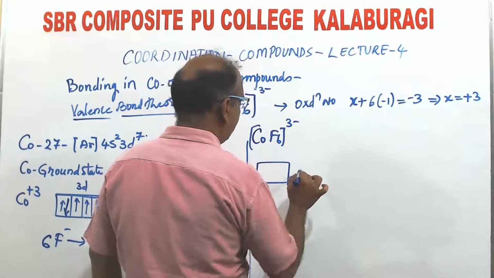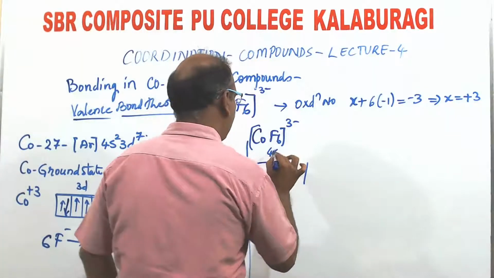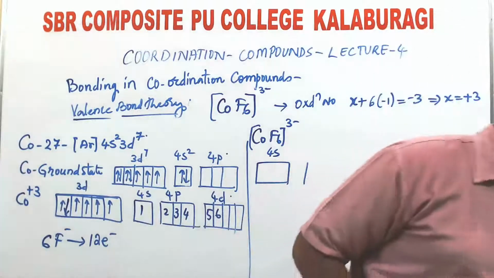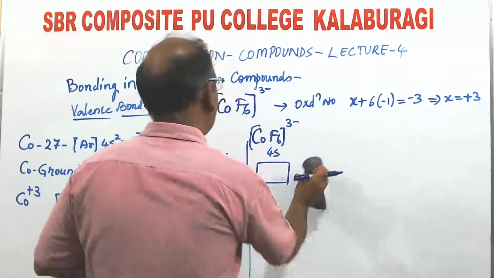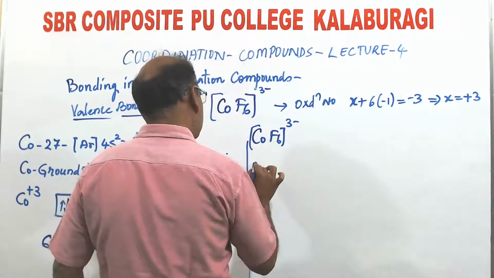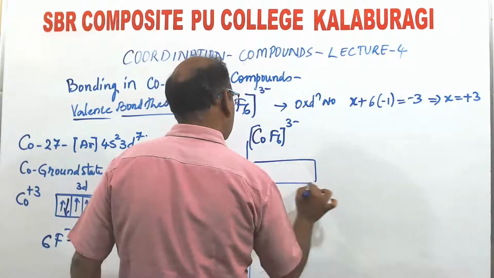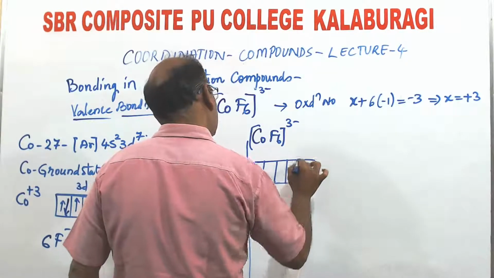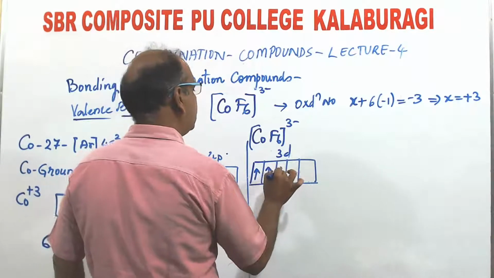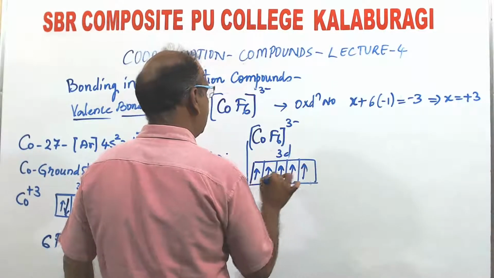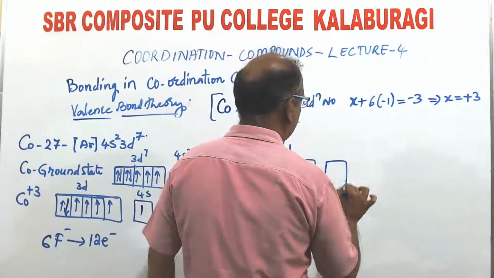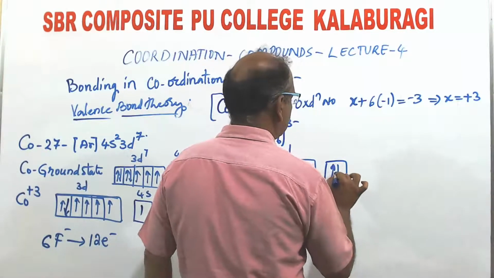This is the 3d level, 1 electron, 2, 3, 4, 5, 6. 4s level with 2 electrons.